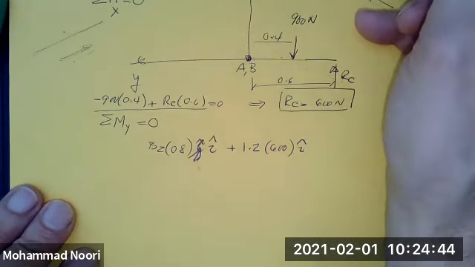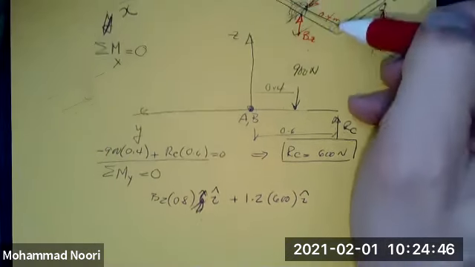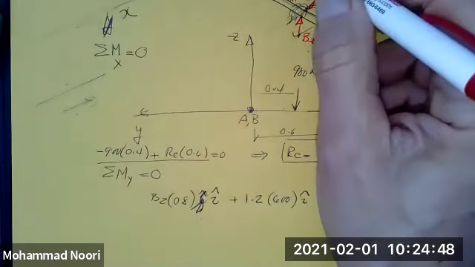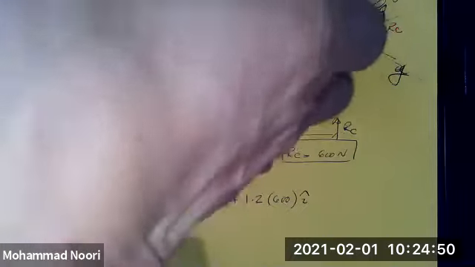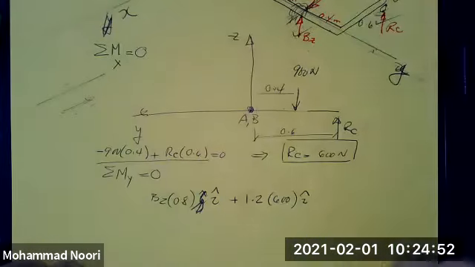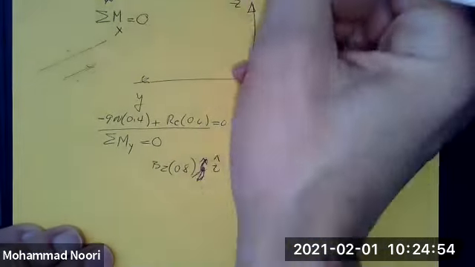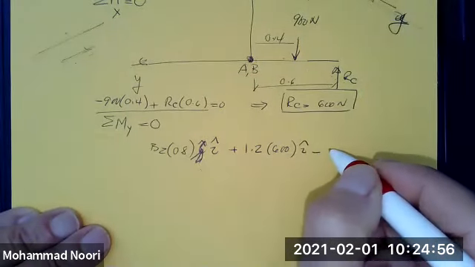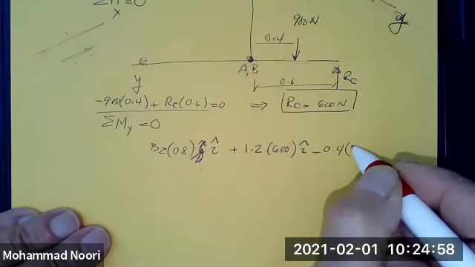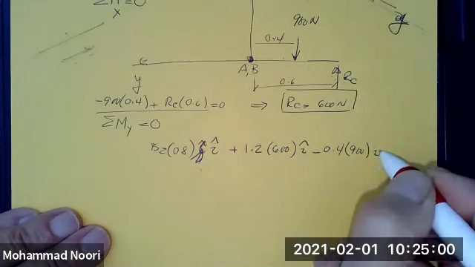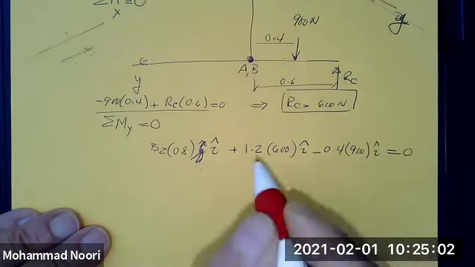How about this one? It generates a moment in the negative direction of x, and that would be the distance 0.4, so negative 0.4 times 900 i, equal to 0.